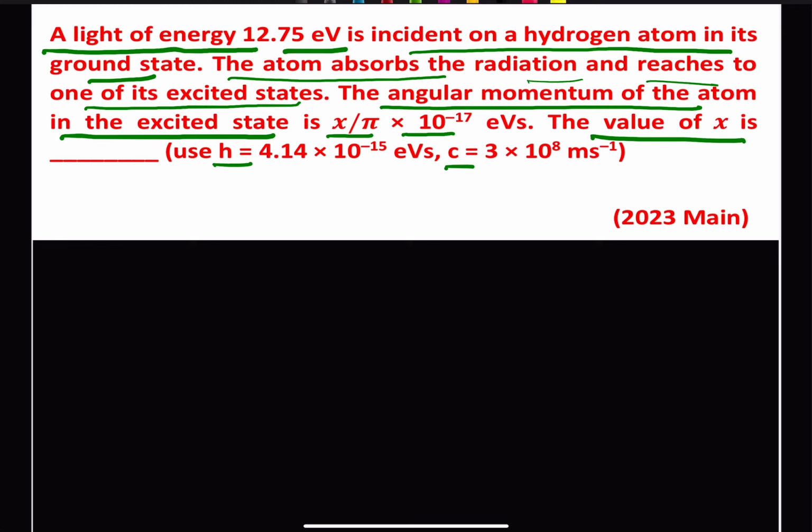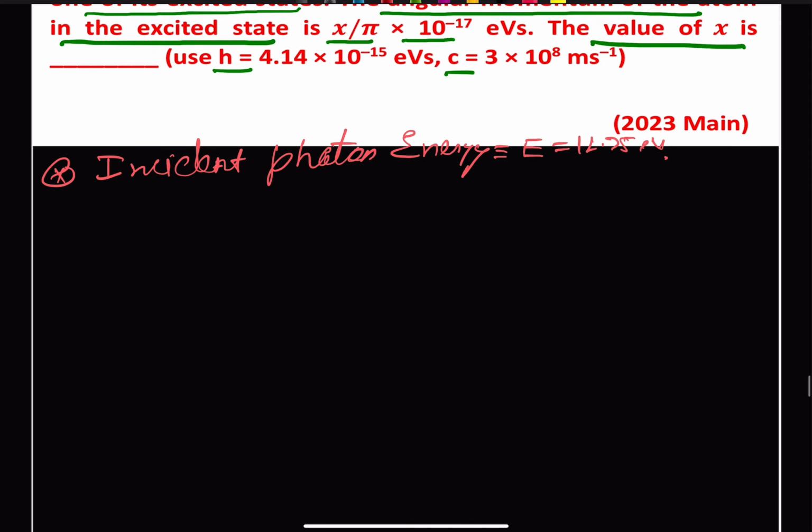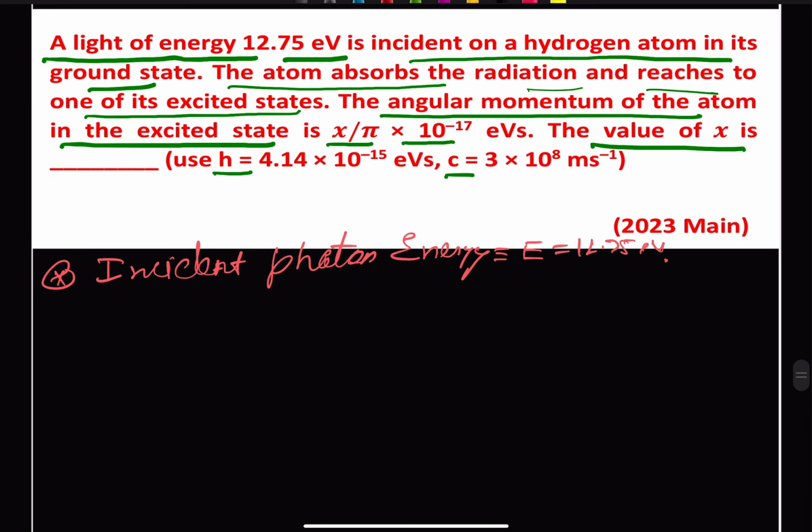So in this case, we are given the photon energy. So we can say the incident photon energy, that is our E, is given as 12.75 electron volt, and it states that it is incident on the ground state.